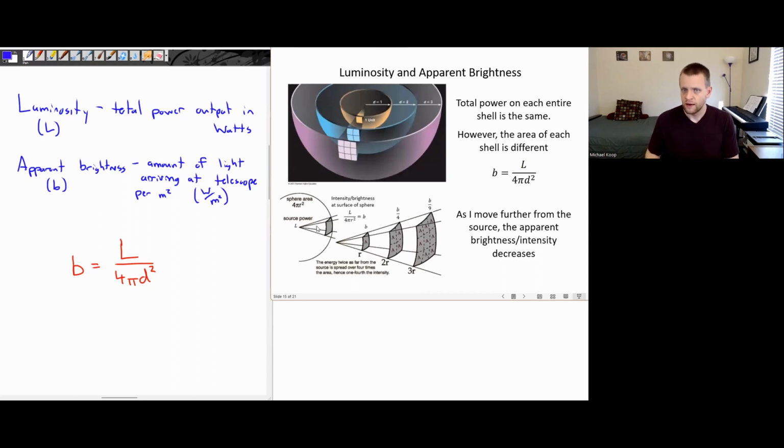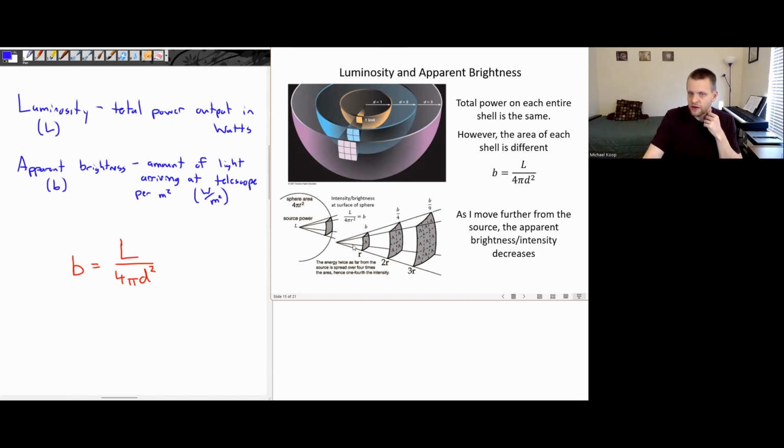So one way of thinking of this is think of the light energy that's being given off by that source. Let's say I have a light bulb and it's giving off energy in all different directions. Well, as that light energy moves away from the source, you can think of that light energy as being deposited on the surface of a sphere. And the further that light has traveled, the larger the surface area of that sphere.